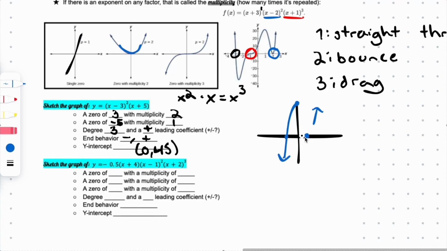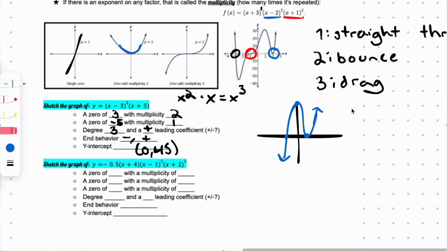But we have to go down to get that 0 of positive 3. So we're going to go down here. Now, what's the multiplicity of that 0 at positive 3? That's 2. It has a multiplicity of 2, which means we're going to bounce. So we're going to touch it, and then we're going to go back up, and it's going to look something like that. Hopefully that makes sense.